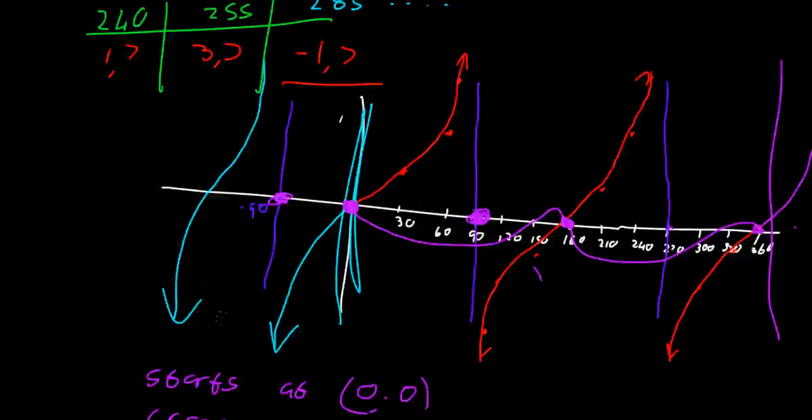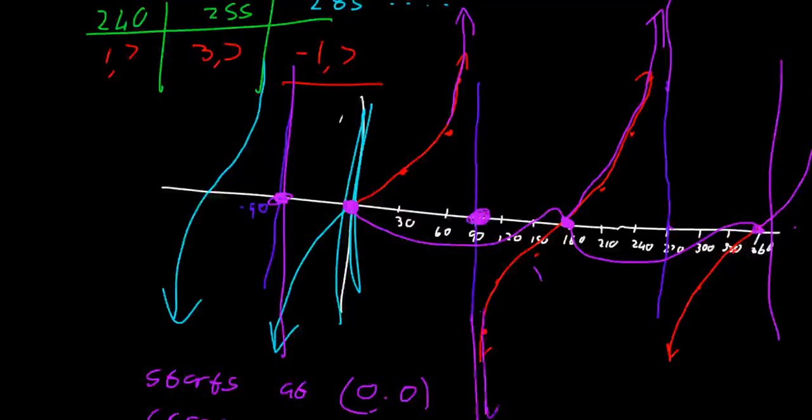Okay? So yeah, that's it for the tan graph. And remember just that when you've got the asymptotes, the graph gets closer and closer to that line, but never touches it. Closer and closer, but never touches the asymptote, on both the positive and the negative sides.